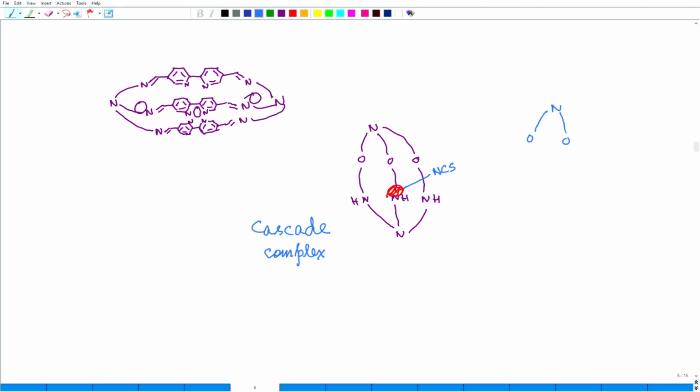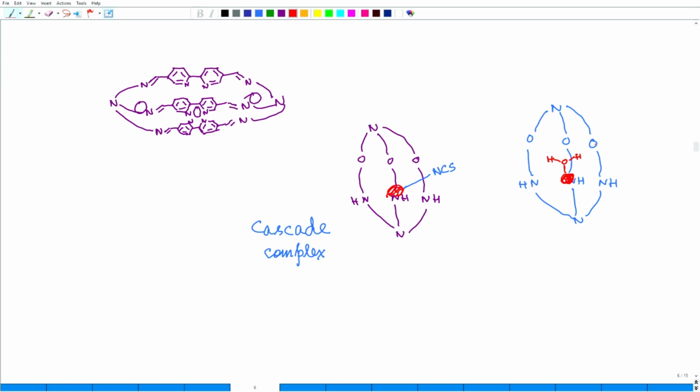Oxygen, oxygen, oxygen, nitrogen. And the water molecule can bind through oxygen, with hydrogen and hydrogen.